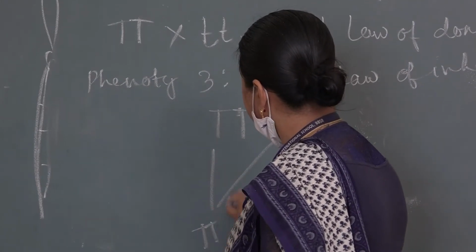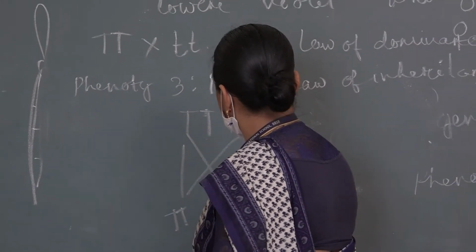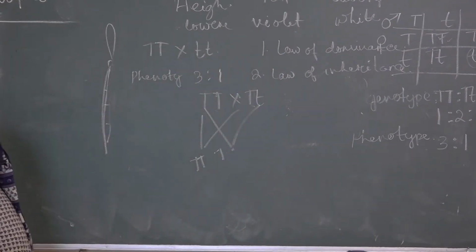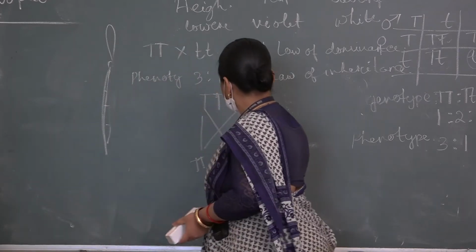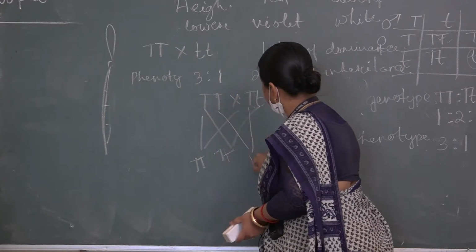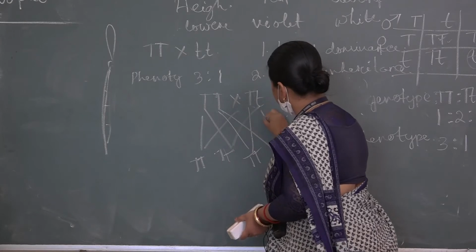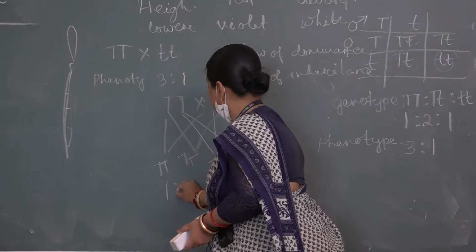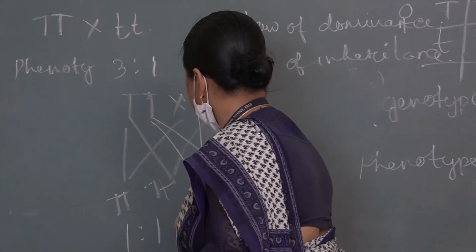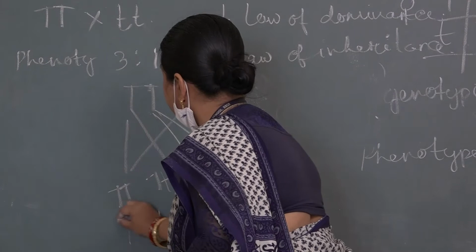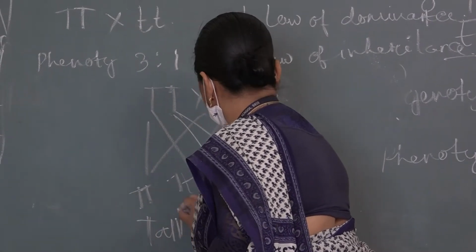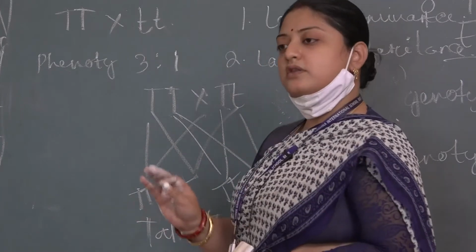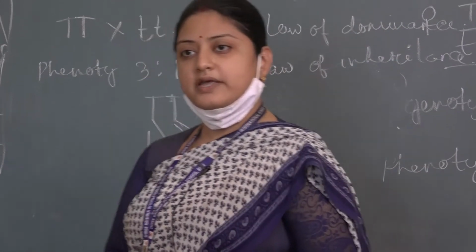Phenotypically they will produce the tall character only, all the plants.